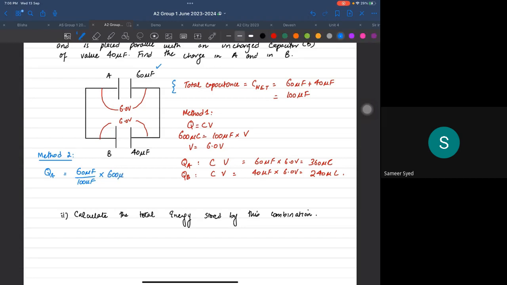So this way, you will get 360 microcoulombs directly. And for QB, you have 40 microfarads as the capacitance divided by the total capacitance multiplied by the total charge available, and this will give you 240 microcoulombs. So whatever method you like, you can use it. Is that clear, everyone?